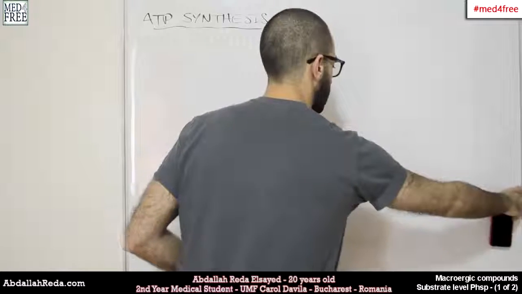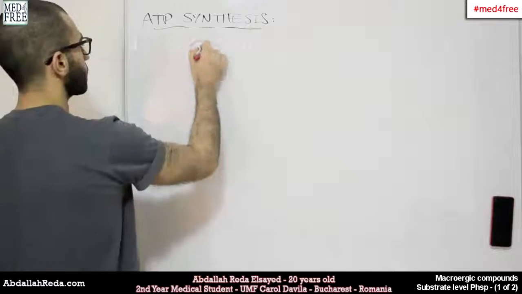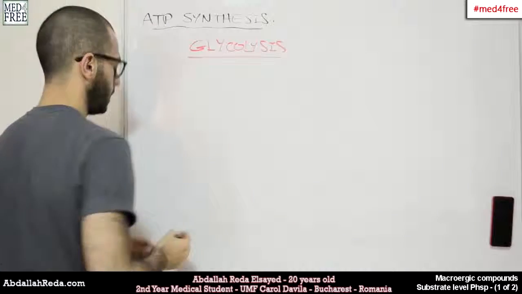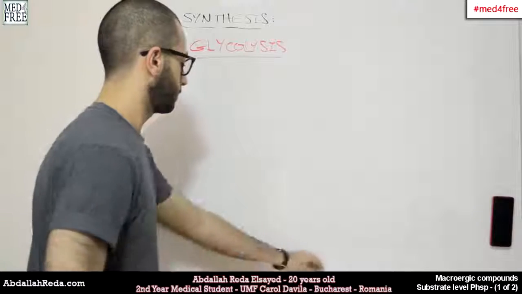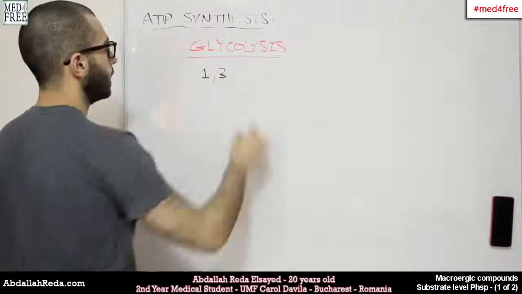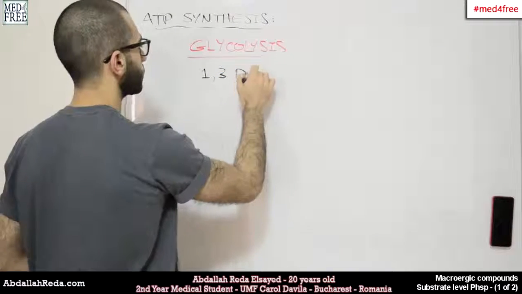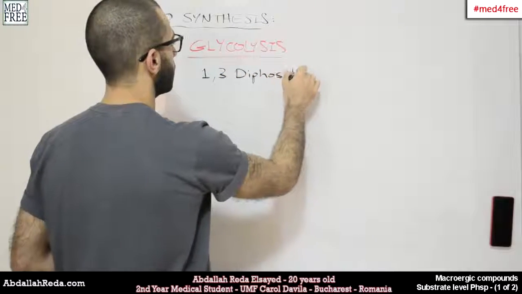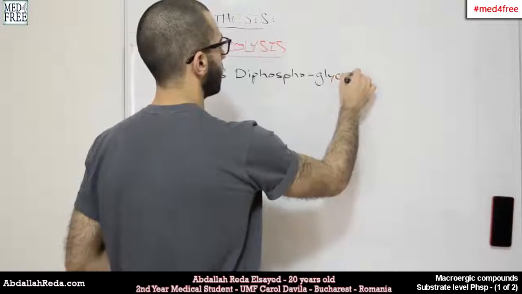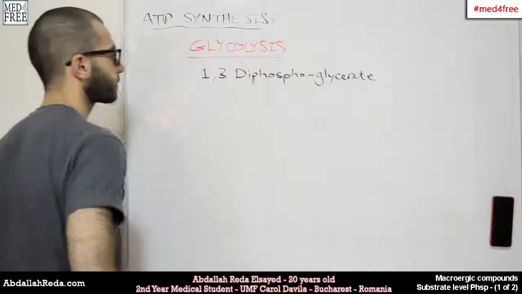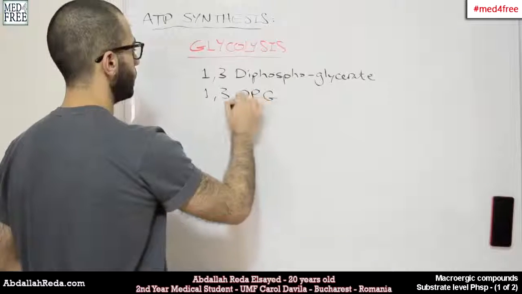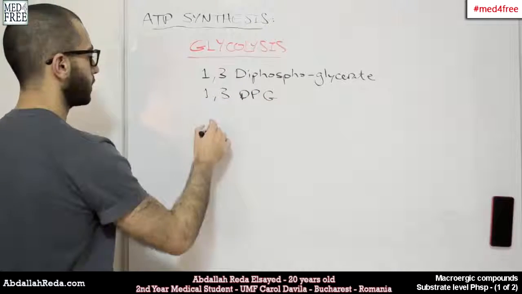Our first example is a compound which is called 1,3-diphosphoglycerate. Diphosphoglycerate, or for short 1,3-DPG. And the compound looks like that.